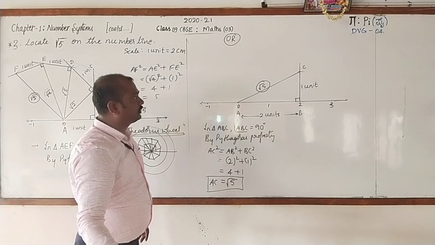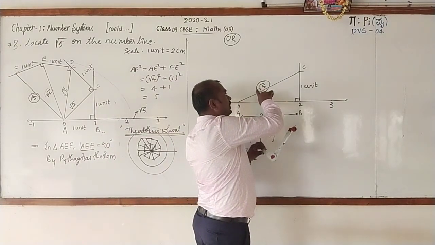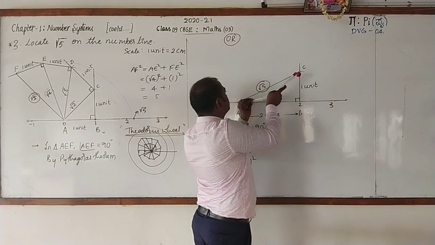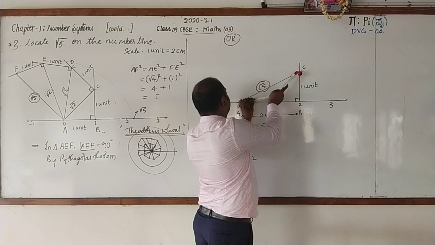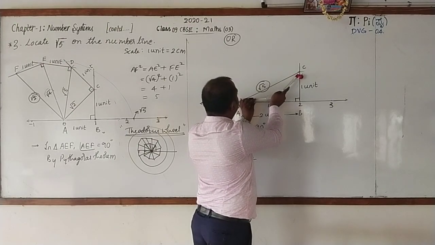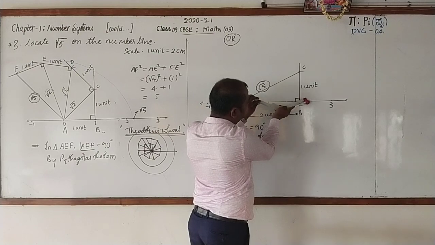Then you are going to mark root 5 on the number line. Hence we should take the distance AC and then draw an arc which cuts the number line here.